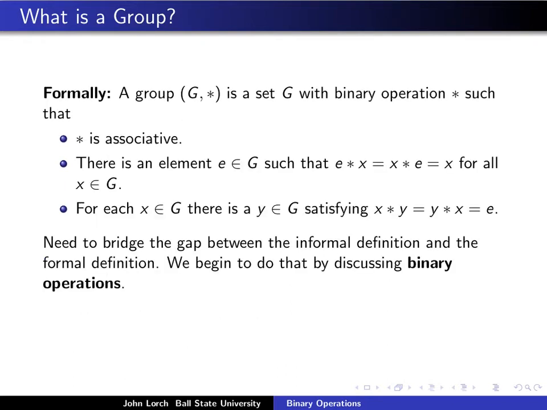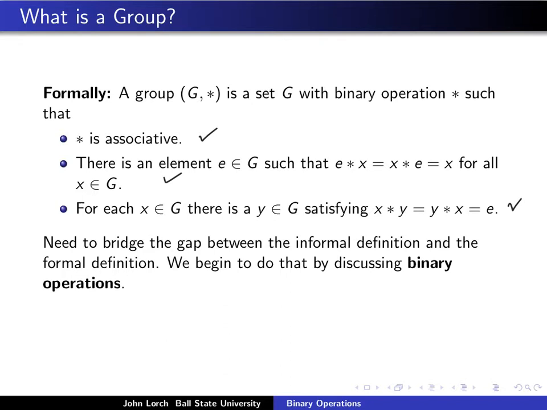So here we have the formal definition of a group, where we're told explicitly what it means for this operation to be well-behaved. The desirable properties of this operation are encoded in these 3 properties that you see in the bullet points. And in the future, we're going to be talking quite a bit about those 3 bullet point properties of the operation.